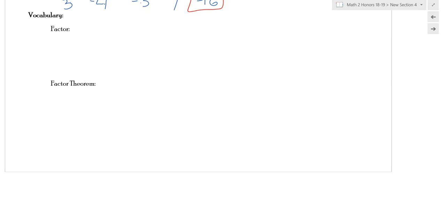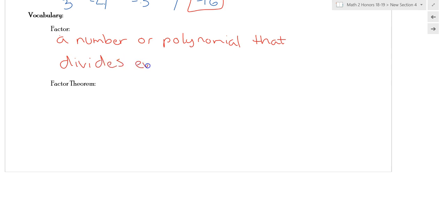A factor is a number or polynomial, we could use either, that divides evenly. And by divides evenly, what we really mean is there is no remainder.